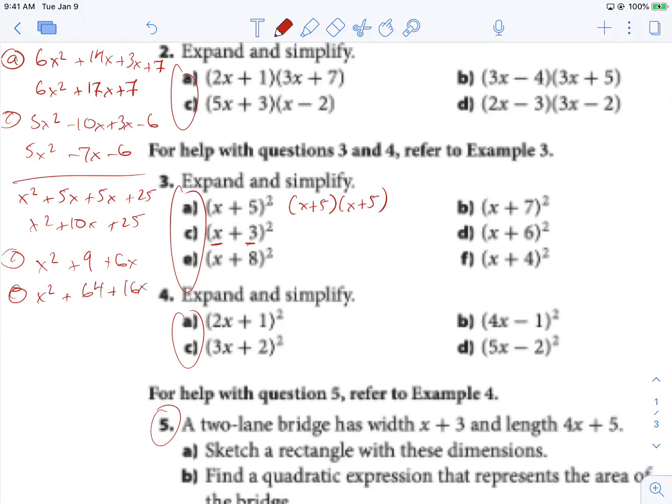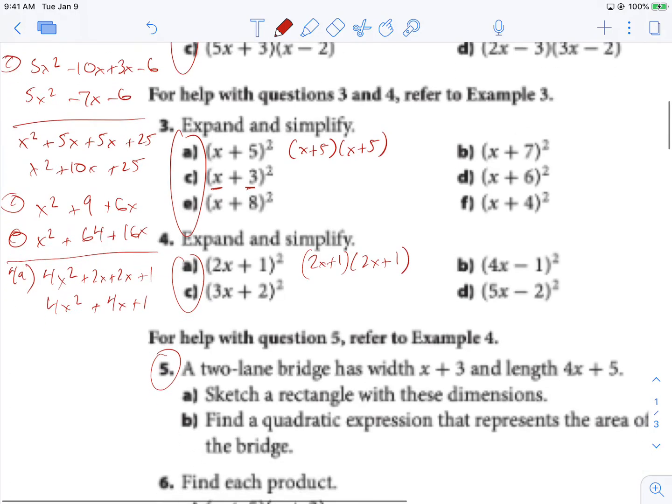Okay, and that also works with some of our bigger ones, although it is a little bit trickier. So for those, maybe it's best to just write them out. It's going to take you a little longer, but you're definitely going to get the right answer, and that's what we care about. So we have 4x squared using our FOIL, plus 2x plus 2x plus 1, so we get 4x squared plus 4x plus 1.